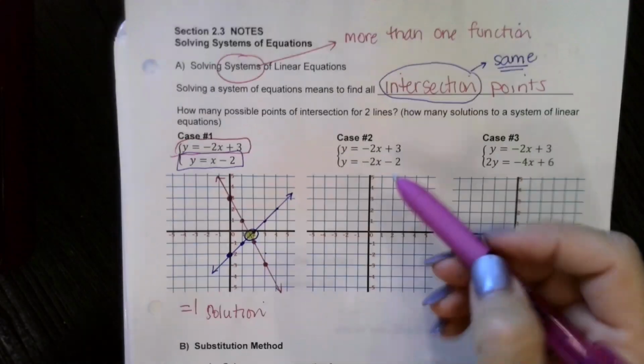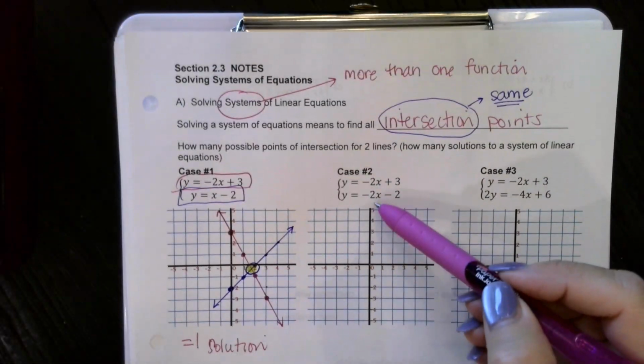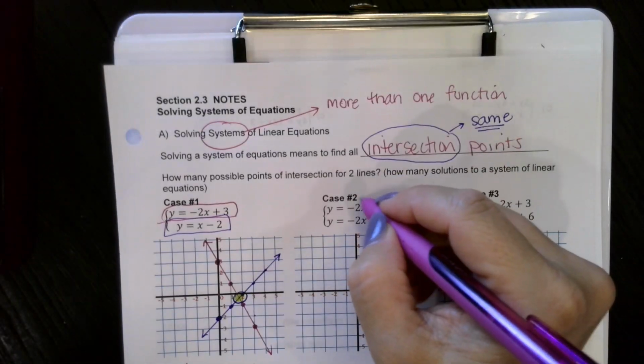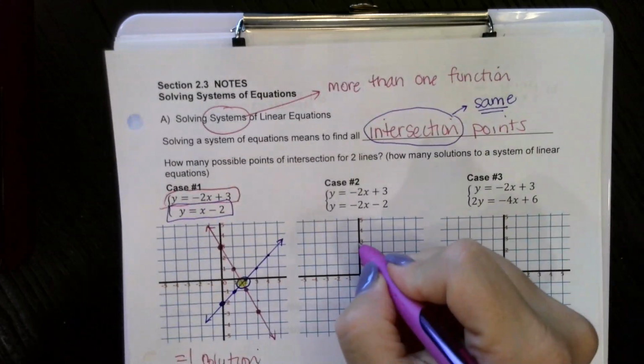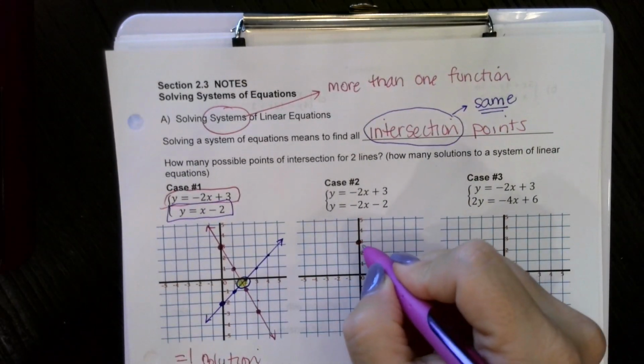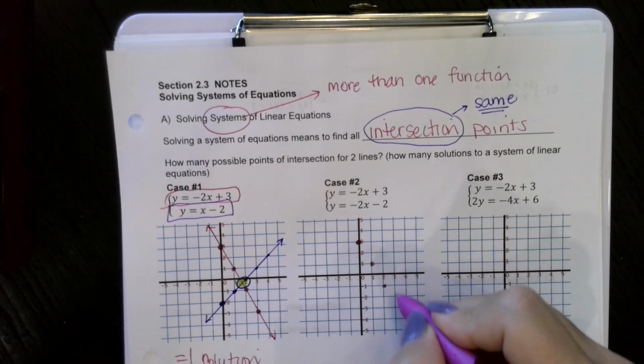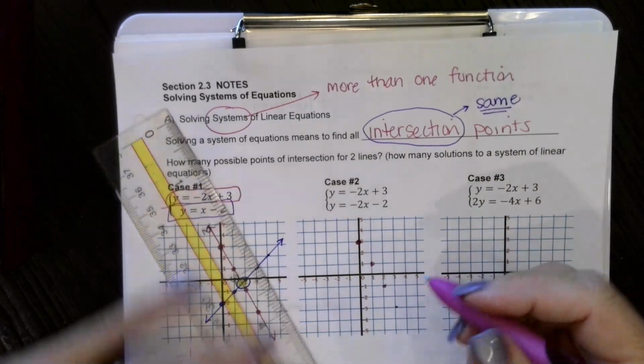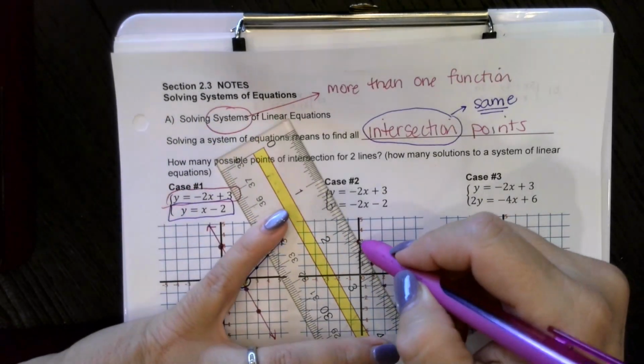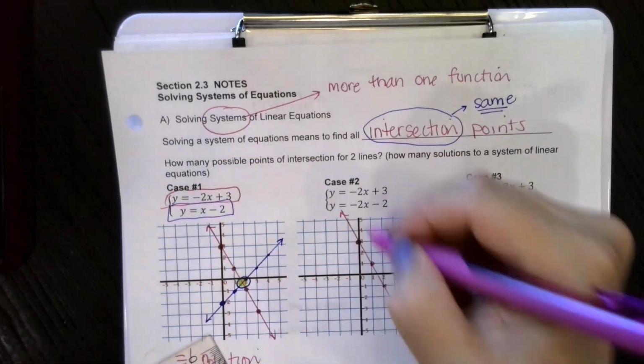All right? If I look at this next one, I see that they both have the same slope. So what's going to happen is I'm going to start this first one at 3, and I'm going to go down 2 over 1. So my line is just like I had up above, which is this one. So that's my pink line.